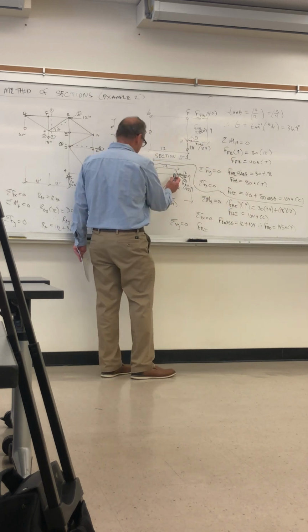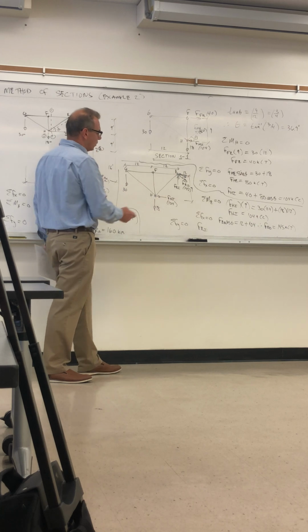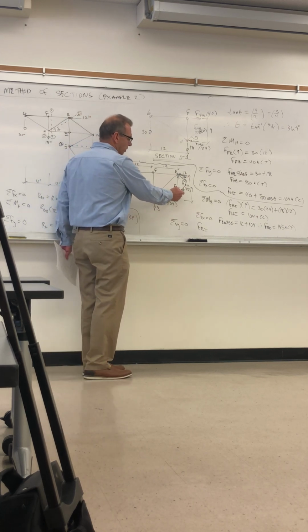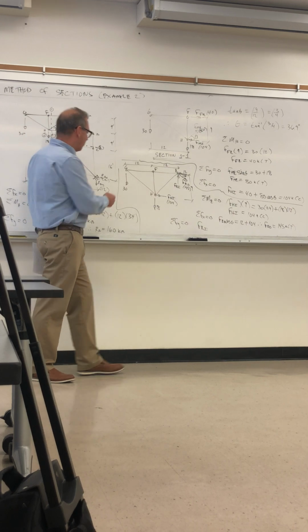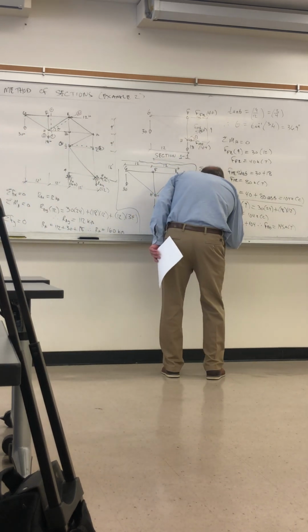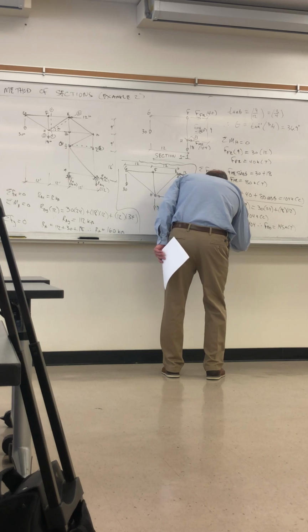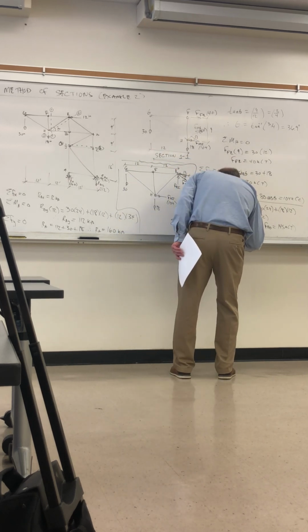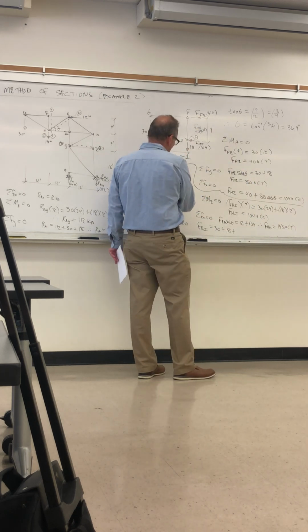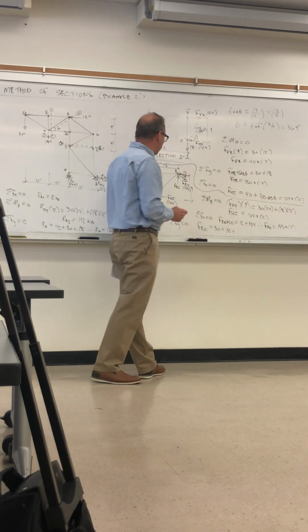That's this force here. Equals everything down. We need to include the vertical component of F of ED. So I have 30 plus 18 plus this 145 multiplied by sine of theta.